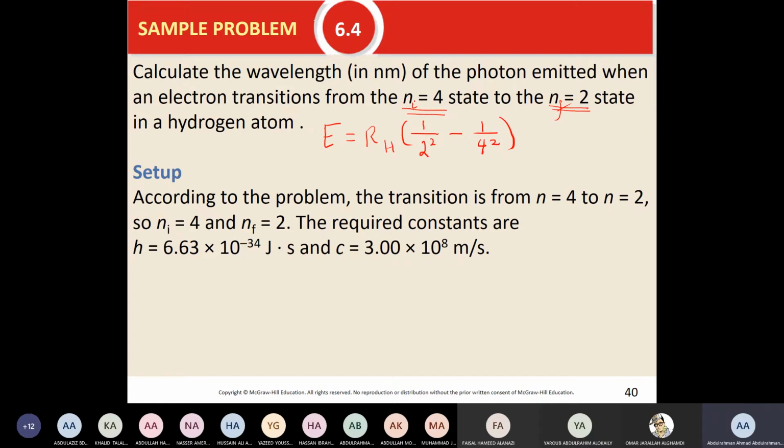RH, I think only RH, which is the one given to you, is 2.18, as I said, from the periodic table. 2.18 times 10 to the power minus 18 joule. Okay, go ahead and calculate what's the energy.